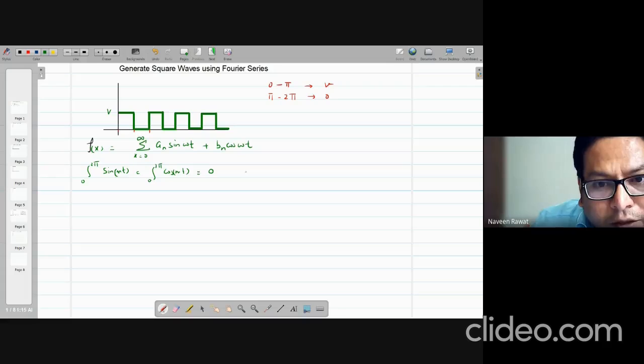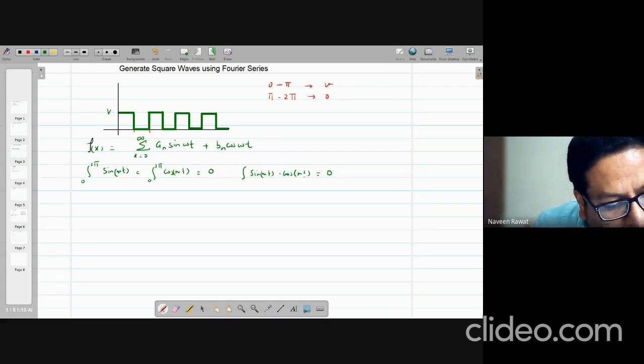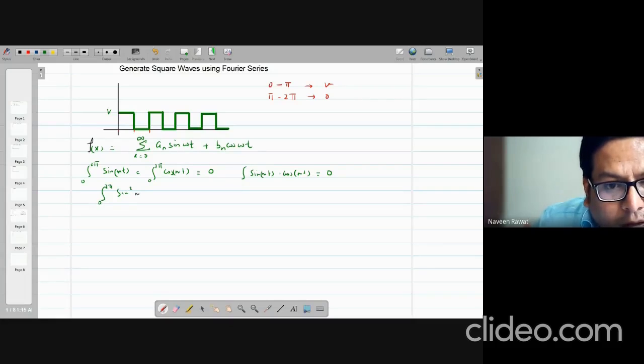Okay, so even the integral of sine some function times cosine some function, even that is equal to 0, right? Now, if you look at a series from 0 to 2 pi, only the sine square function is not equal to 0. Okay, and the integral 0 to 2 pi of the cosine square function is again not equal to 0.